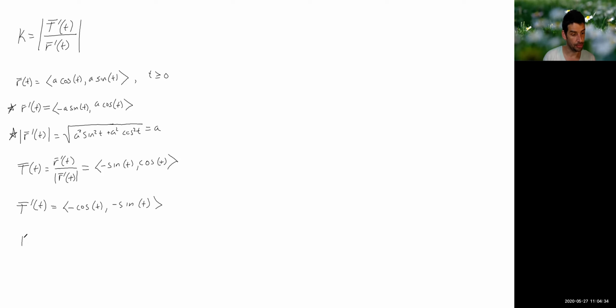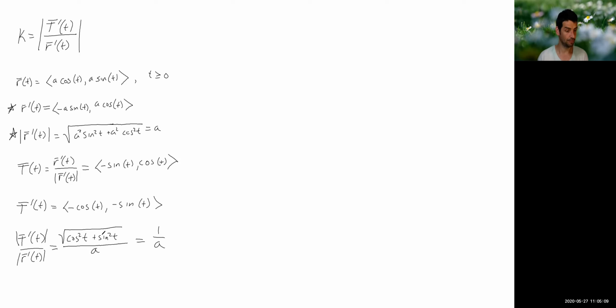So we need to compute this and this. What do we get for the magnitude of T prime? It's going to be the square root of cosine squared t plus sine squared t. We've already computed the magnitude of r prime is a, and we see that the top is just 1. So the curvature is 1 over a.